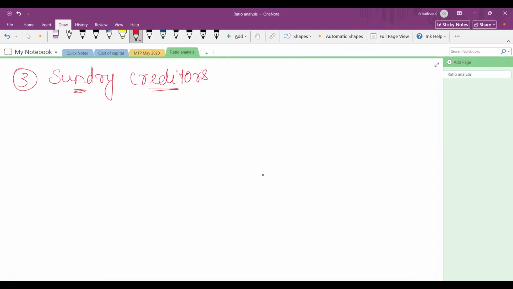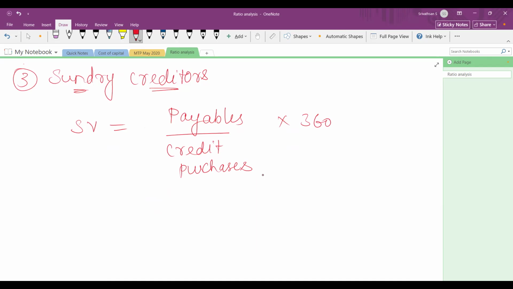What is the formula for suppliers velocity? It is total payables divided by credit purchases into 360. Do we have credit purchases in this case? It is not there. So first we have to calculate credit purchases.